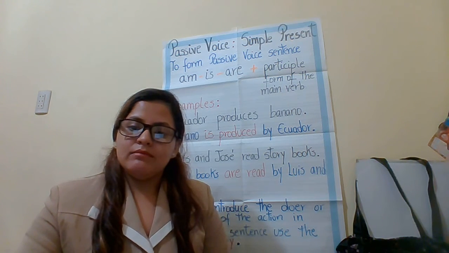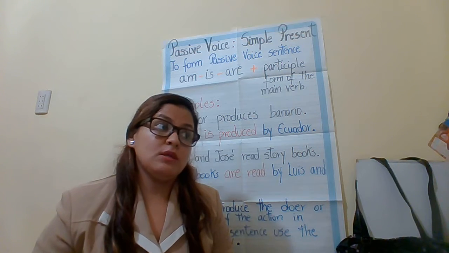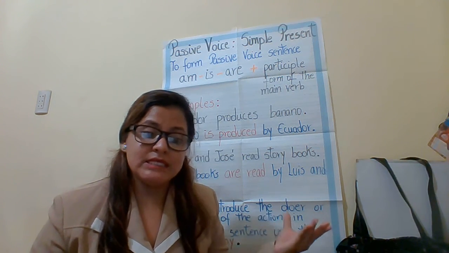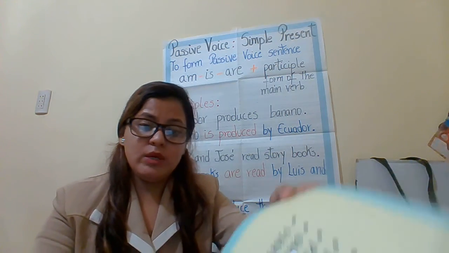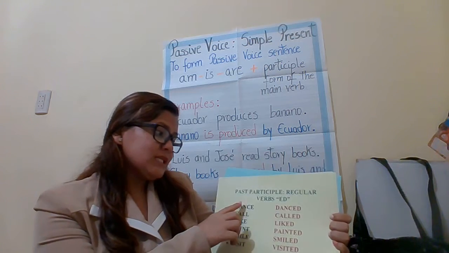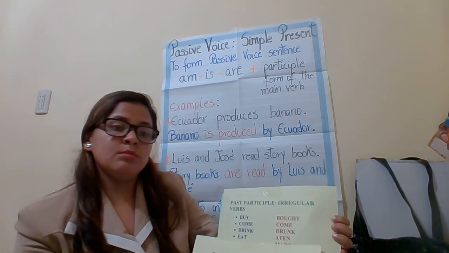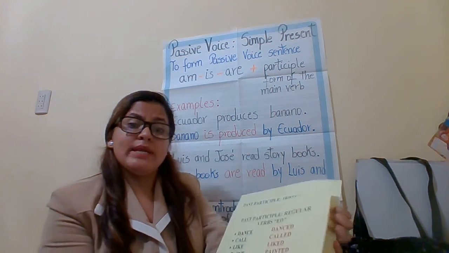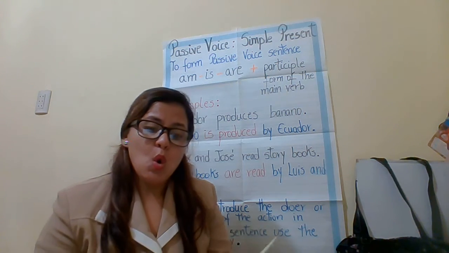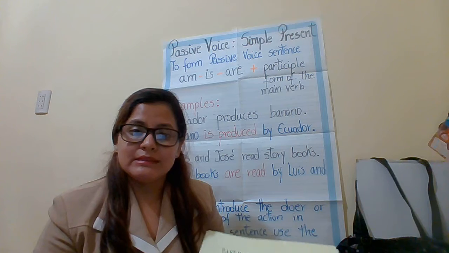In number 7, we have the guided practice, and the students develop the activity on the completion worksheet. In this case, we have a flashcard with past participle regular verbs and also past participle irregular verbs. The students have to give the correct verb to put in the sentences.